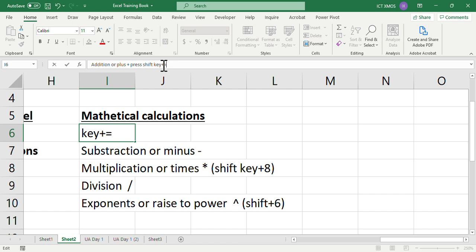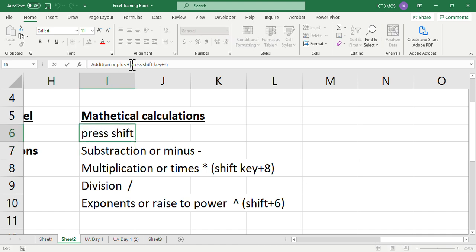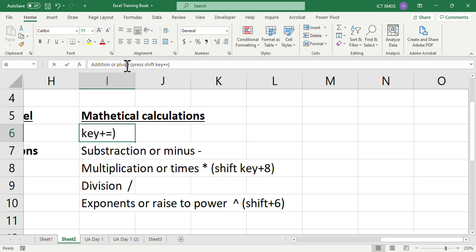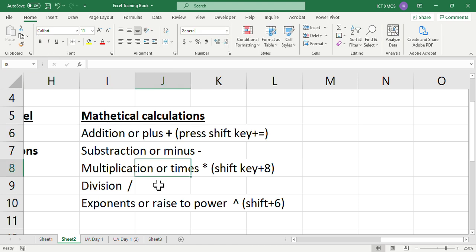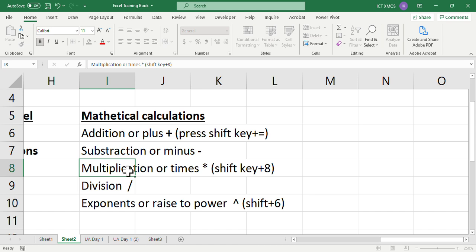On the equal to sign, you see it. So that is how you get the plus sign and the minus sign. Then you have the multiplication sign.